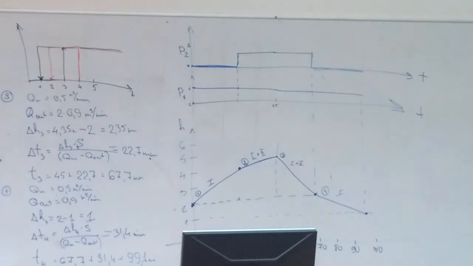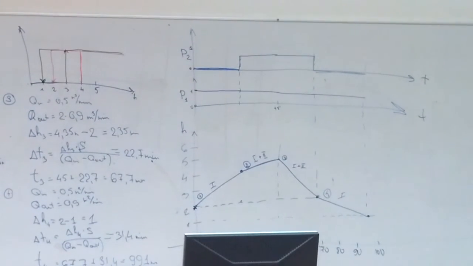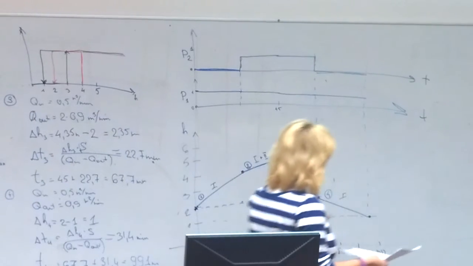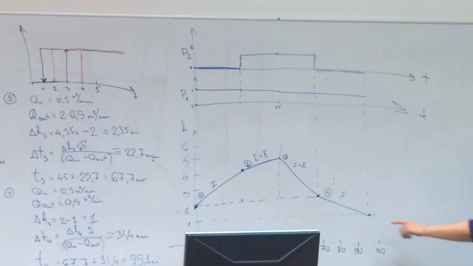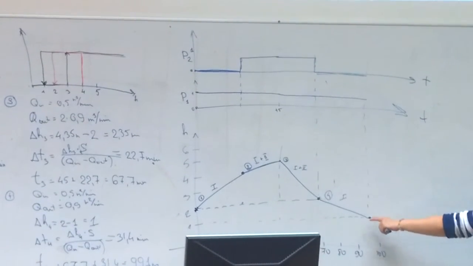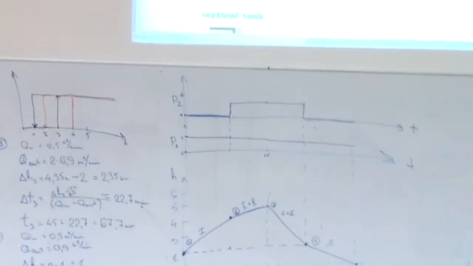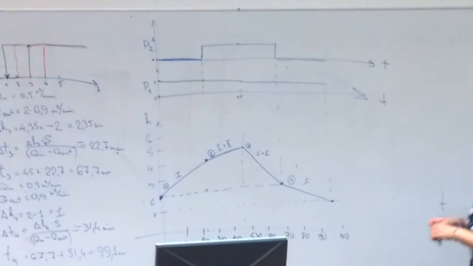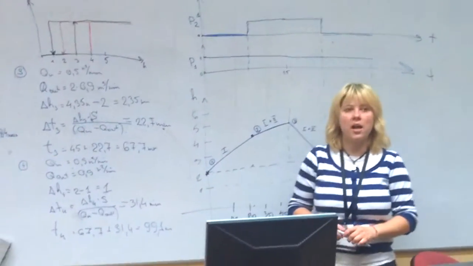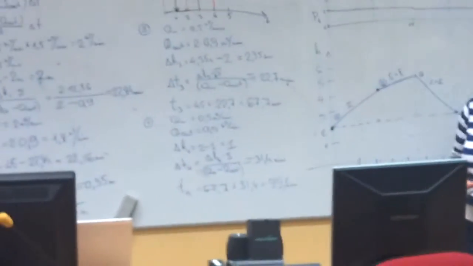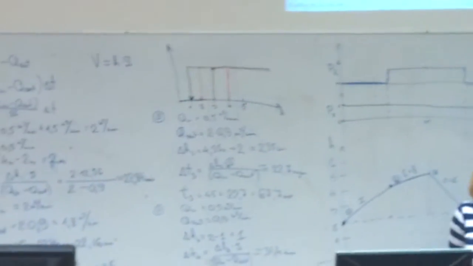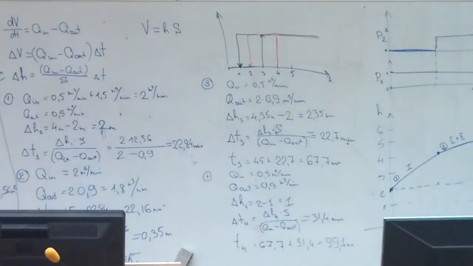Let's just continue here. Let's watch how the level will increase, then our pump is turned off. So at what liquid level will we change our description, so our process changes?